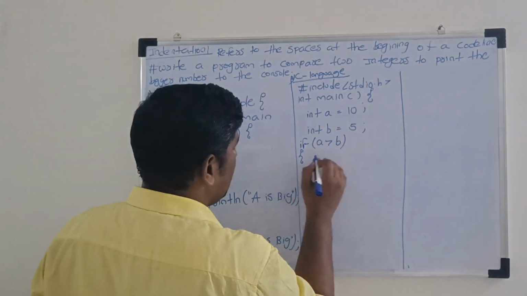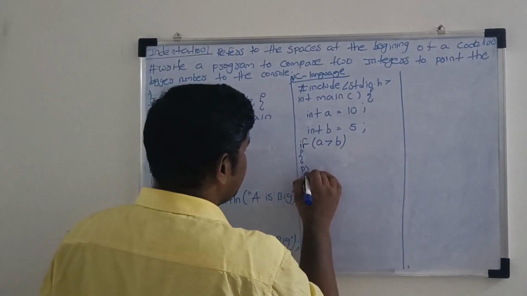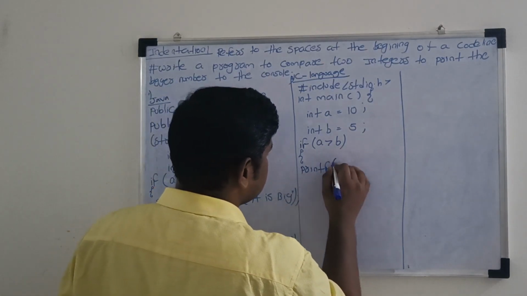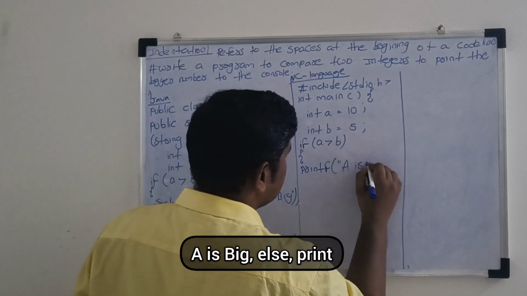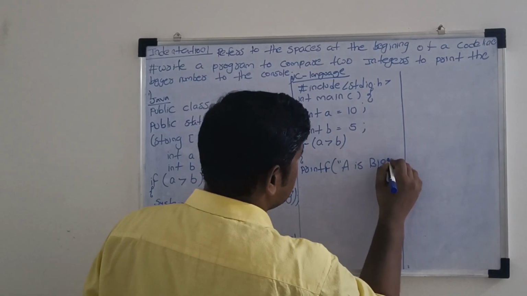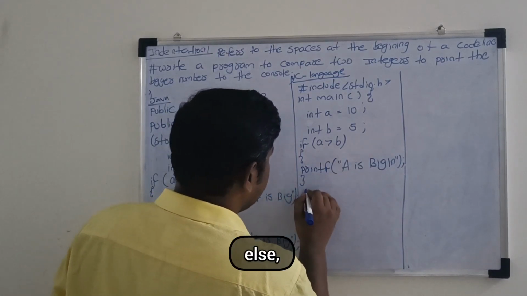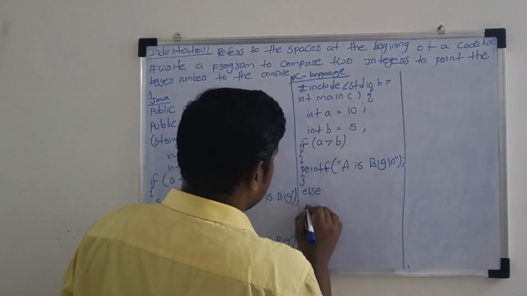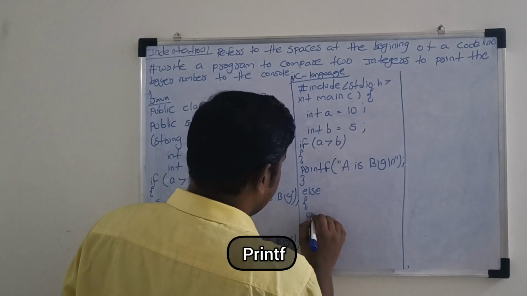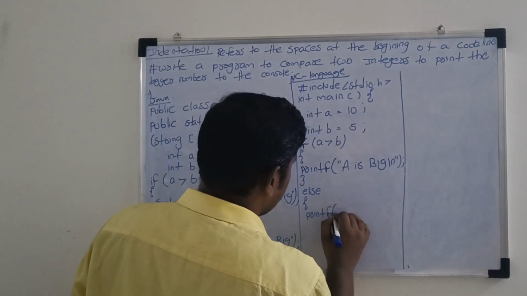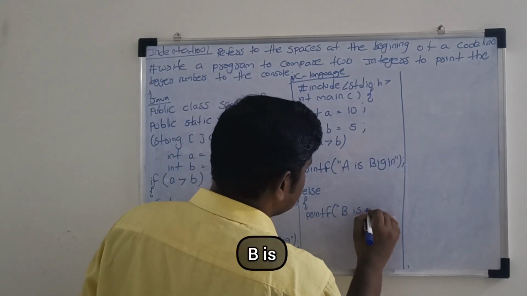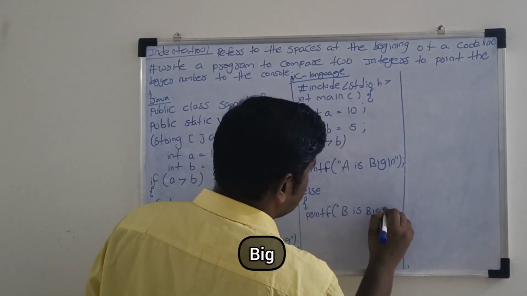So I'm writing like this: printf a is big, and in the else, printf b is big.